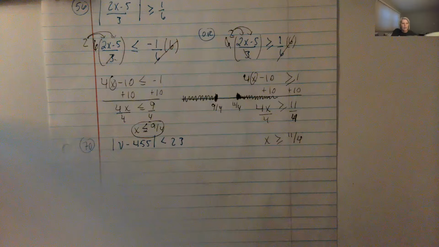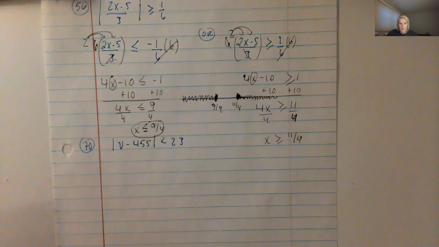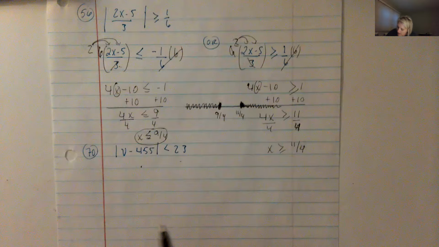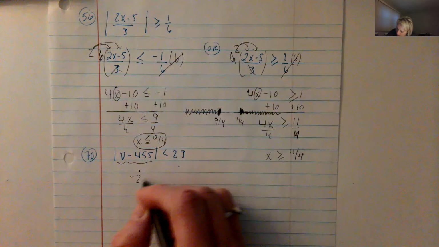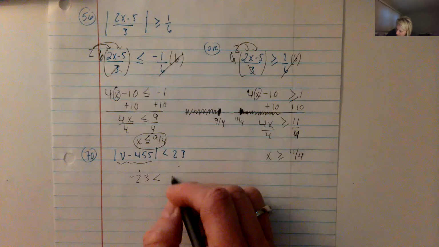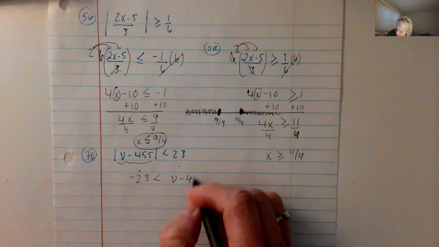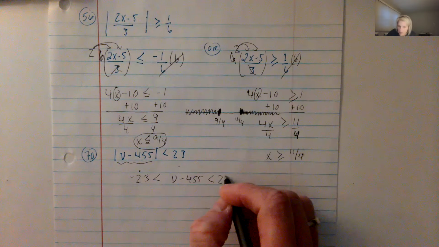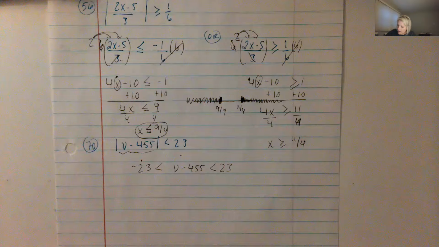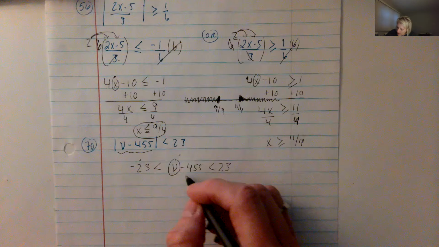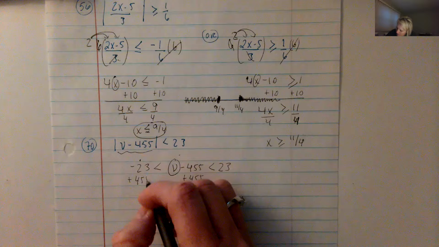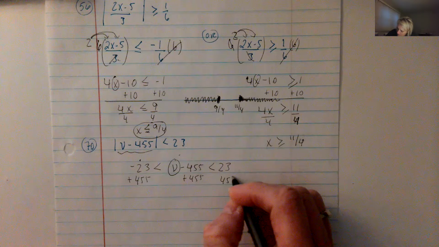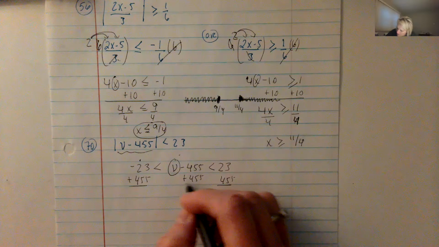So we have our equation written here, and it's a less than. So this expression is going to be between a negative 23 and a positive 23. And we're solving for V, so we're going to add 455 to all three terms.